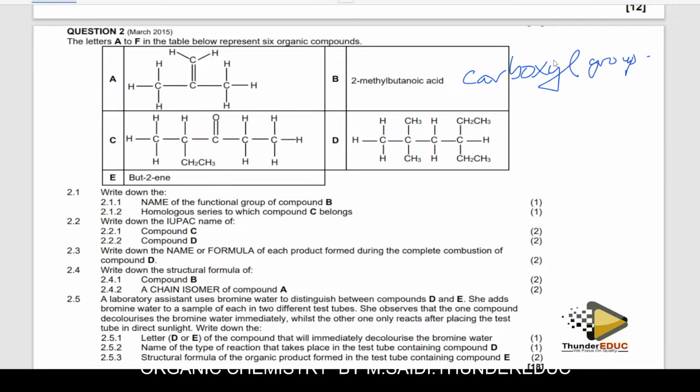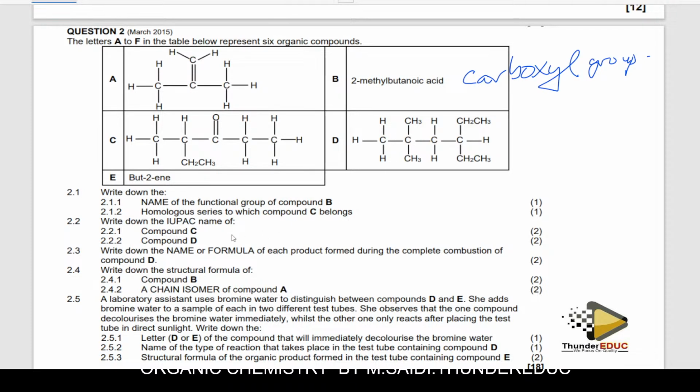That is the functional group. The homologous series is carboxylic acids. So please don't confuse the homologous series with the functional group. Carboxyl group is the functional group, but the homologous series is carboxylic acids.